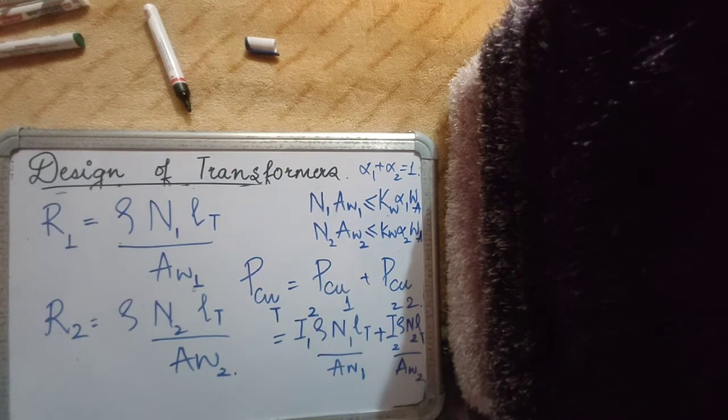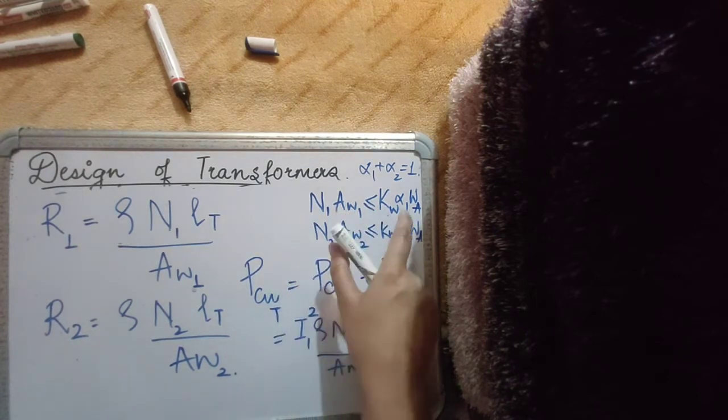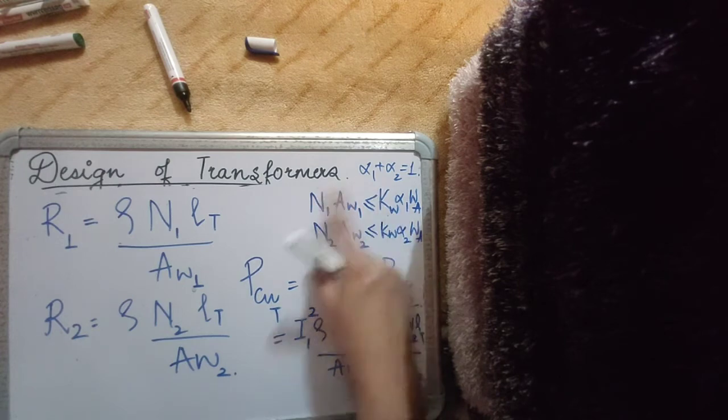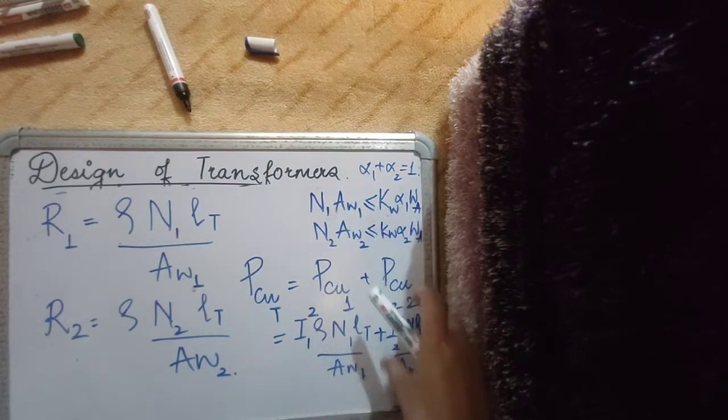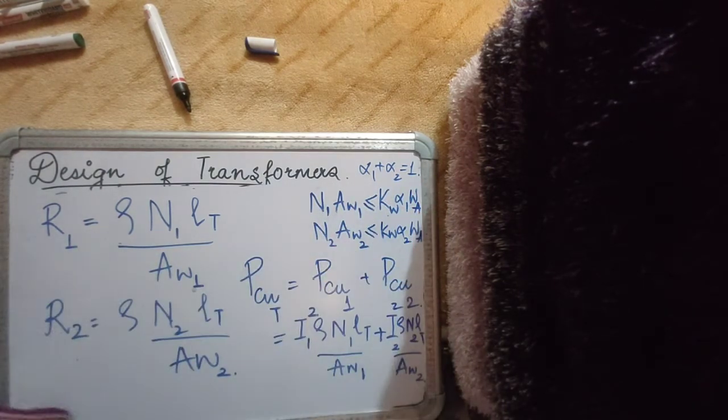So while taking care of the total copper losses of the windings, we have to take care of the cross section of the electrical conductor in each winding, which we also know is related to the constraint on the sizing of the conductor. So we want to combine these two constraints together.